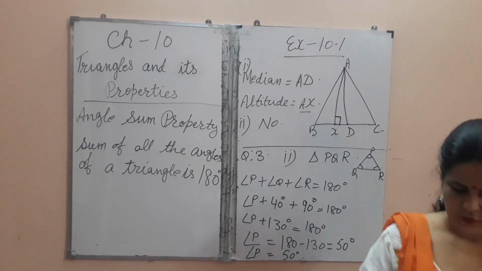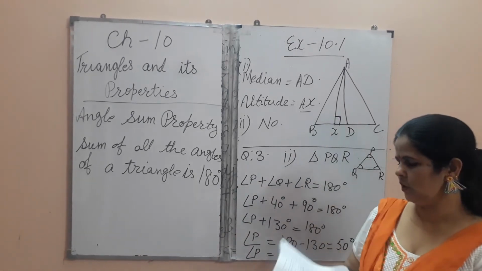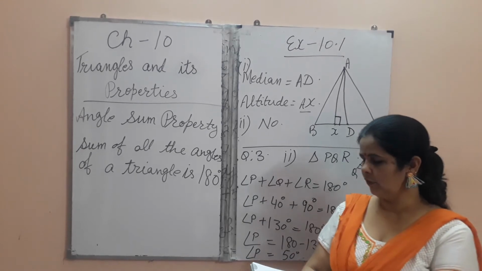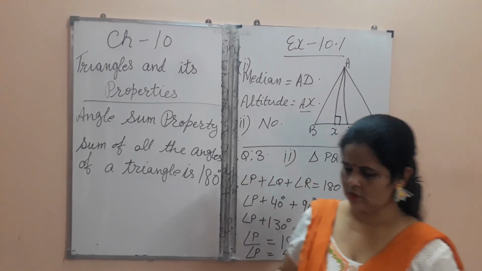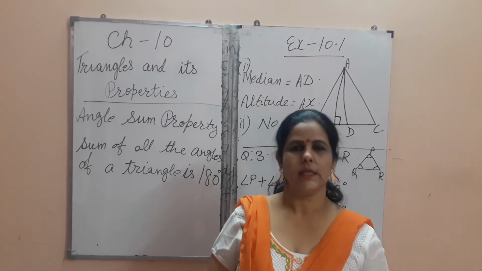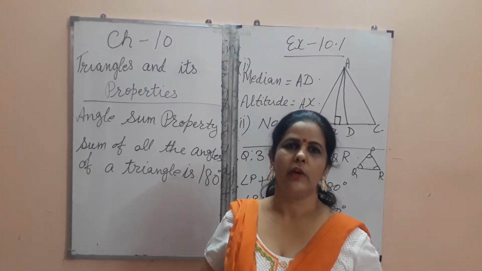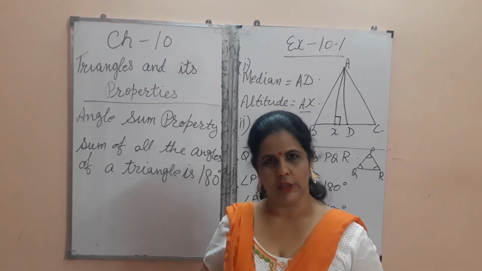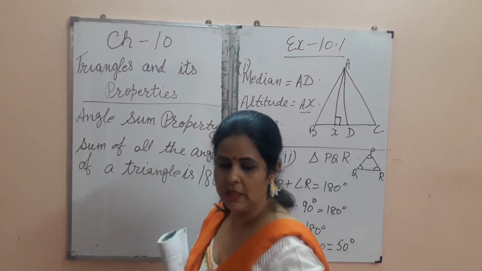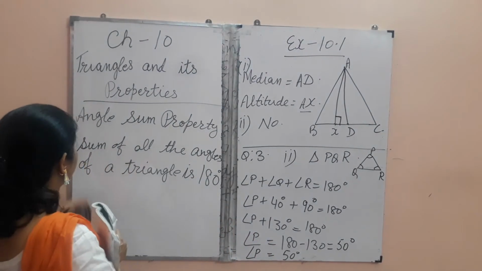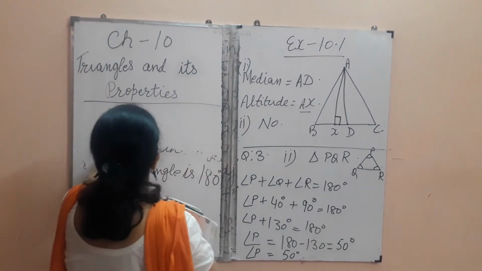Understood? So like this we will solve this question. Now come to the fourth question. Find the value of x. In this, children, we will use the same property, angle sum property. The sum of all the three angles will be equal to 180 degrees. So we will write the measure of angles which are given and we will solve the sums.